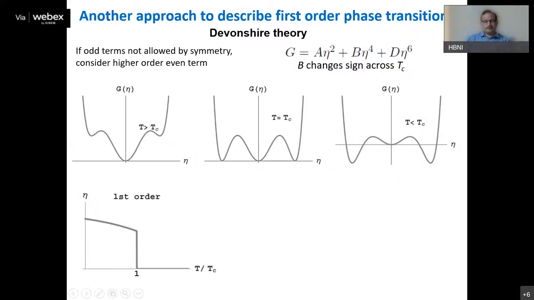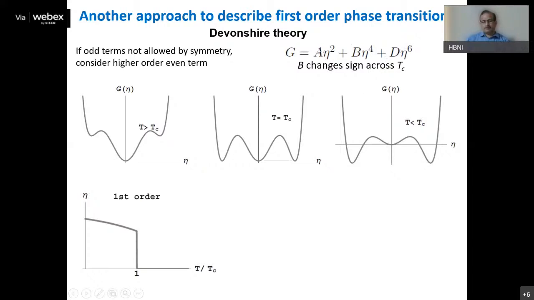Of course, in this case, as we discussed earlier, there is a different dependence on the order parameter. At a very small value of the order parameter, this term is dominant, but as you increase the order parameter values, this becomes more dominant. At high order parameter values, this term becomes very important and dominant.